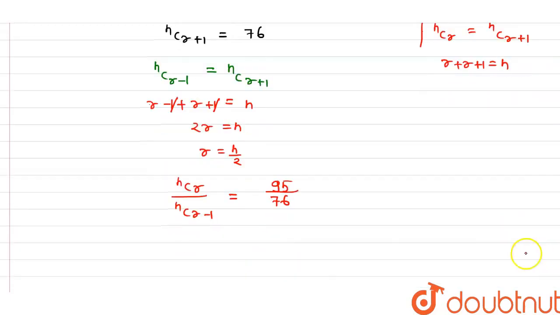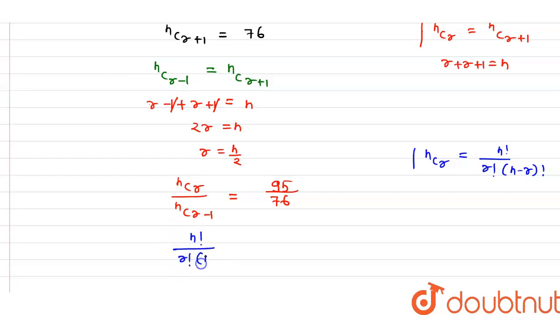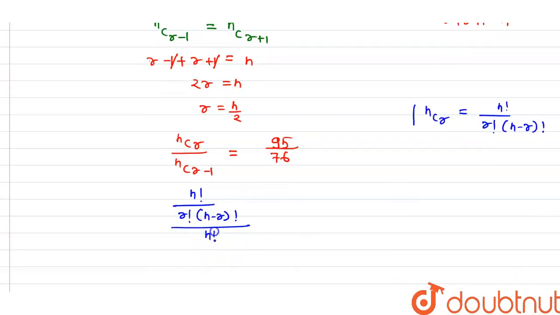Now nCr can be written as n factorial upon r factorial into (n - r) factorial, and nC(r-1) can be written as n factorial upon (r - 1) factorial into (n - (r - 1)) factorial, which is equal to 95 upon 76.